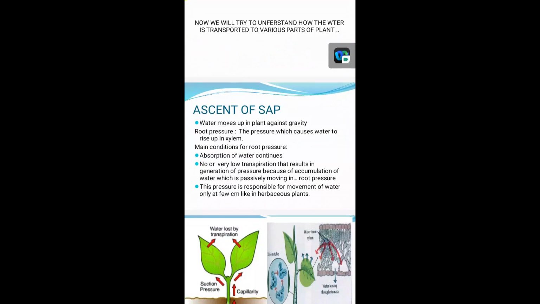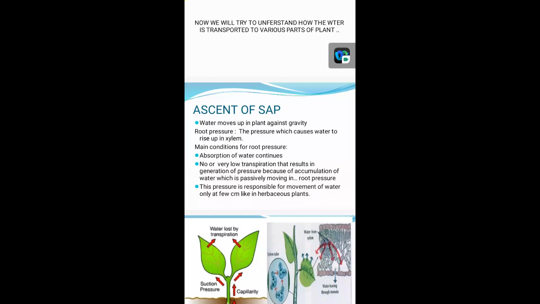The ascent of sap means the upward movement of water, and there are various factors which are responsible for it.